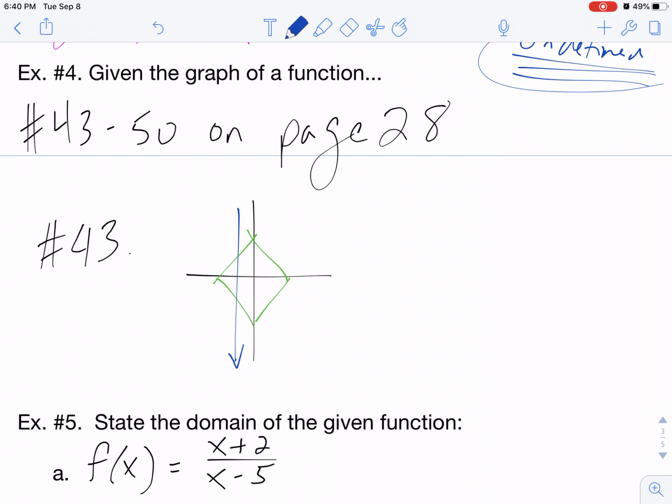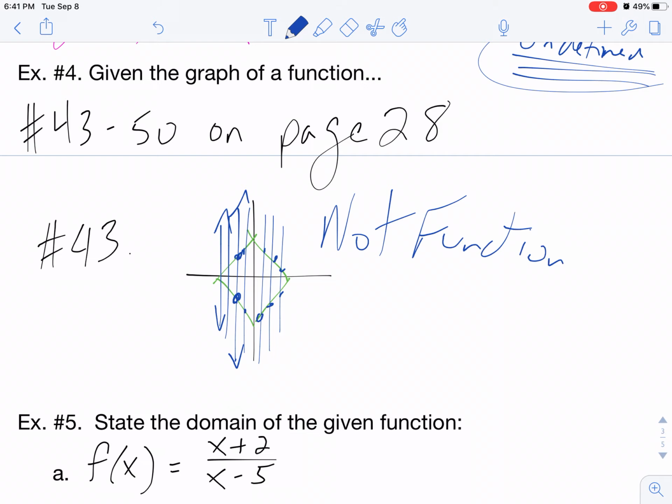The rule for vertical line test, which I'm sure you watched in the notes, is that the vertical line cannot pass the graph more than once. So if we draw a vertical line on this graph, you notice it crosses in 2 spots. And you have to pretend that you're drawing the line in every place possible. So number 43 is not a function.